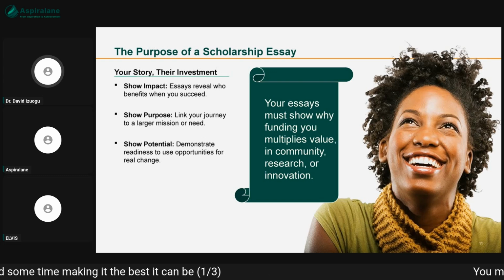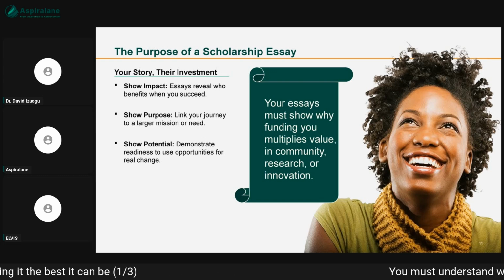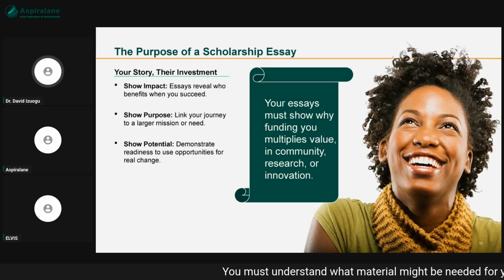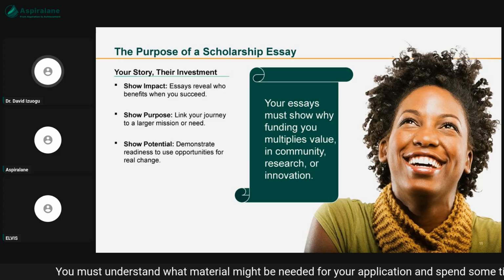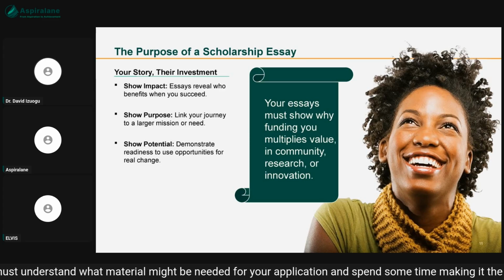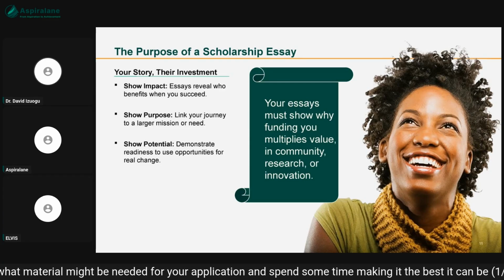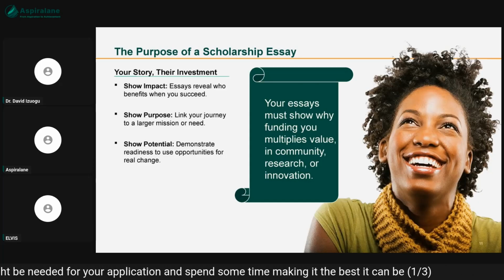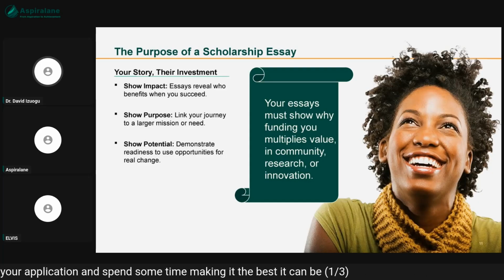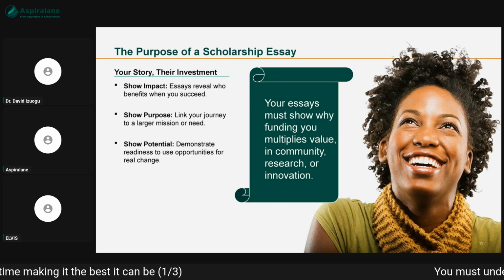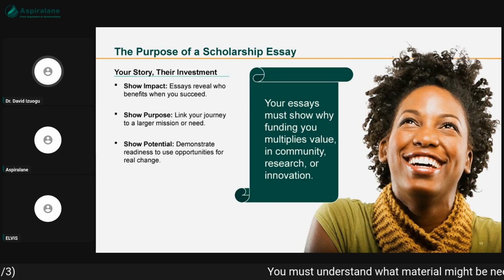So the second assignment is for you to draft a winning SOP, reconstruct your CV, and also submit it. Please, my support lady is going to share a form that you will use to submit that. So there are three things now.